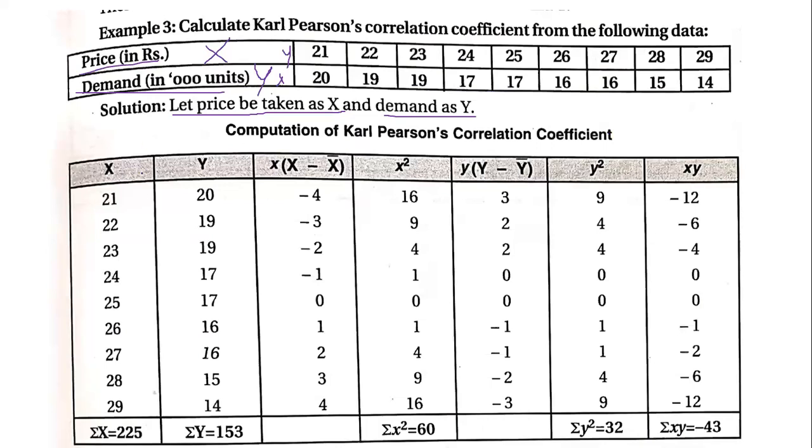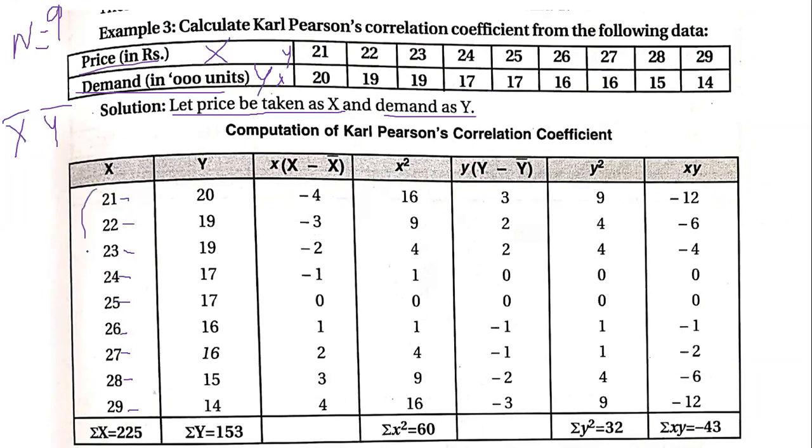Now let us do the table calculation. In table calculation, first we have to find out X bar, Y bar. So we will check how much data we have to know what is N. So we have 1, 2, 3, 4, 5, 6, 7, 8, 9. Again we have 9 data, which is nothing but N is equal to 9.